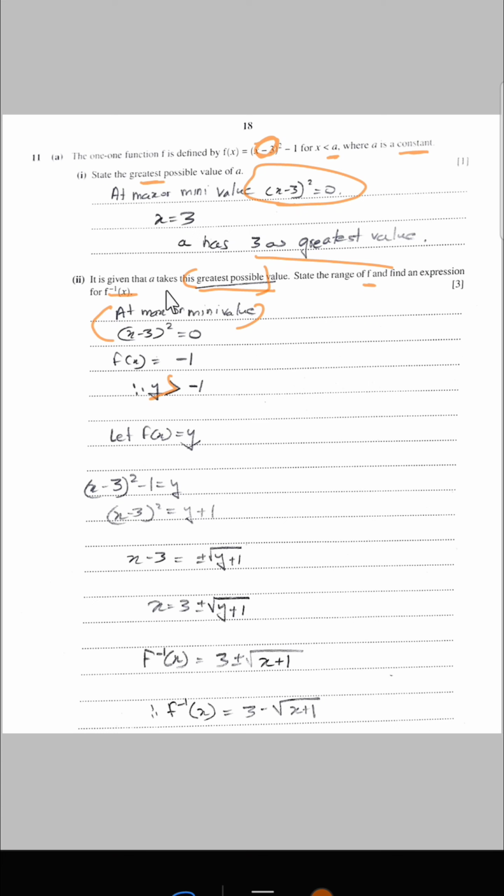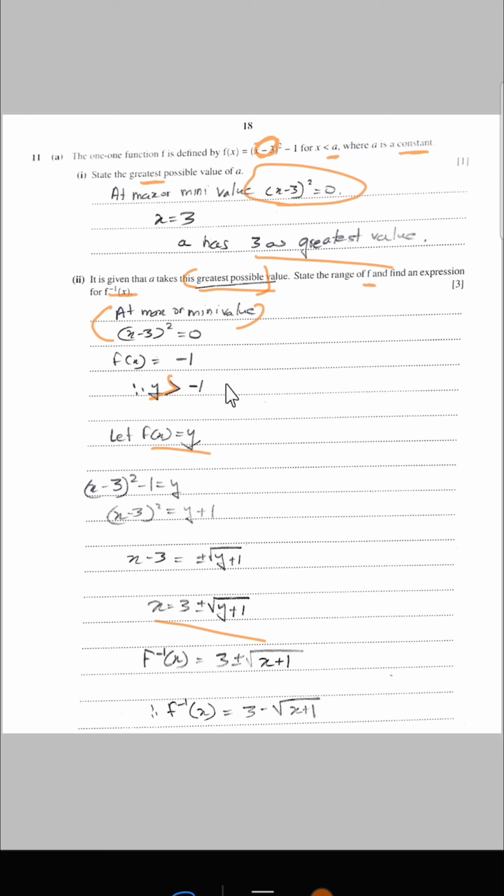Now we need to find f inverse of x. To find f inverse of x, let f of x be equal to y. Then we solve it to make x the subject of the formula, that is x is equal to 3 plus minus root over y plus 1. Then we replace x with f inverse of x and y with x to find f inverse as 3 plus minus root over x plus 1.